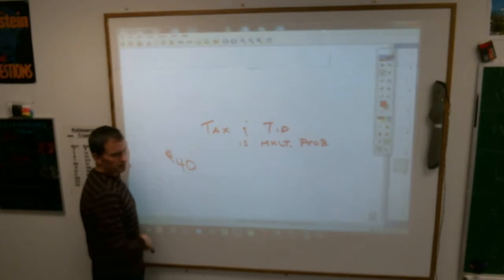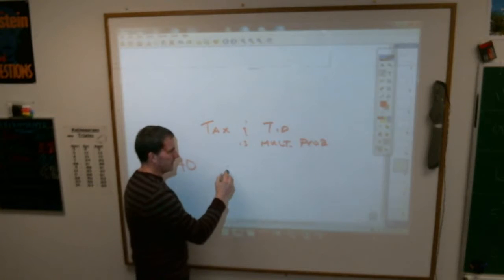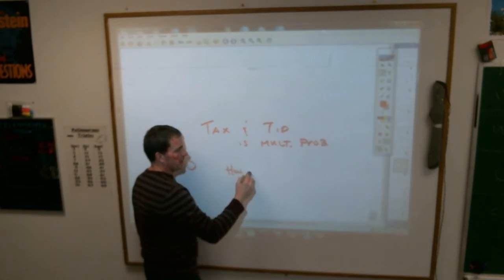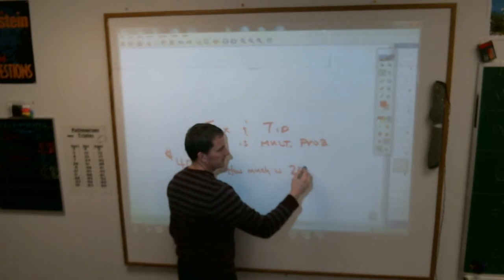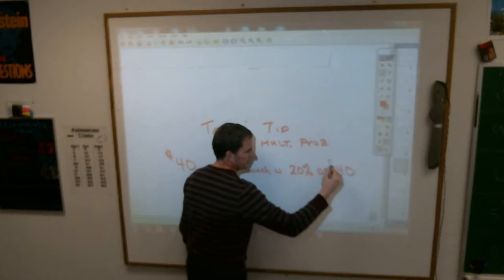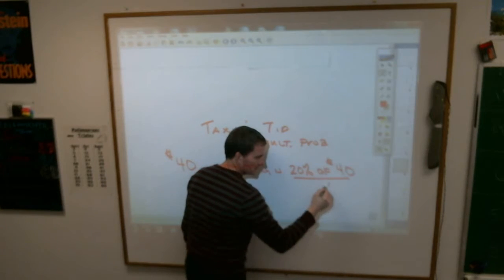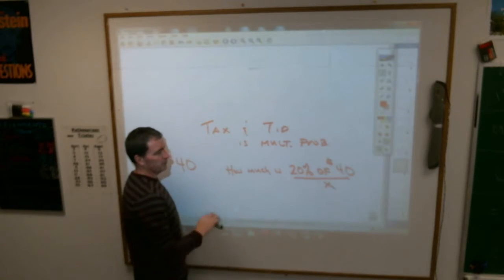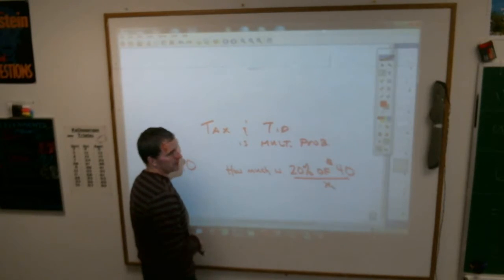In some ways, when you're trying to figure out how much 20% is of $40, notice if I write that sentence out: how much is 20% of $40? What word do you see between those two? So to find what 20% of $40 is, you have to multiply.